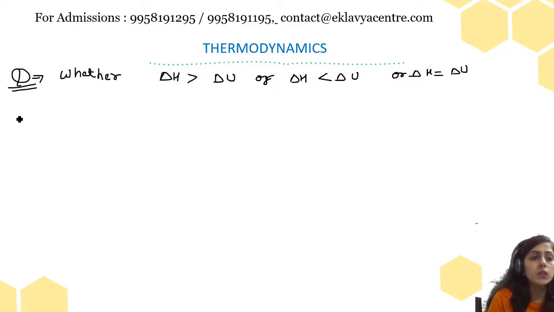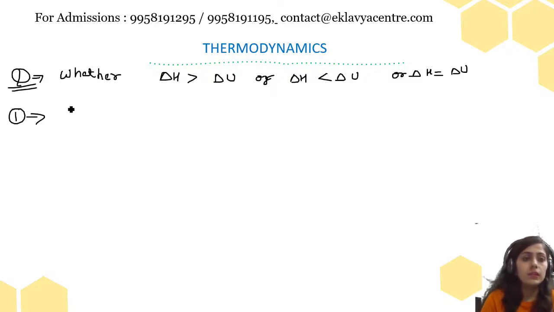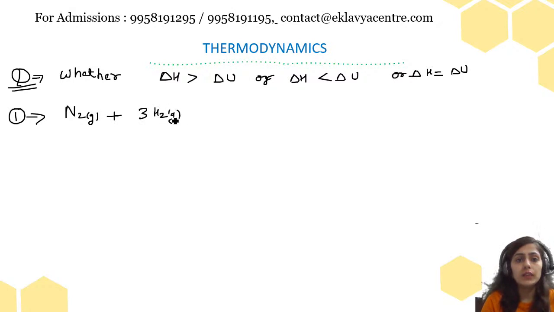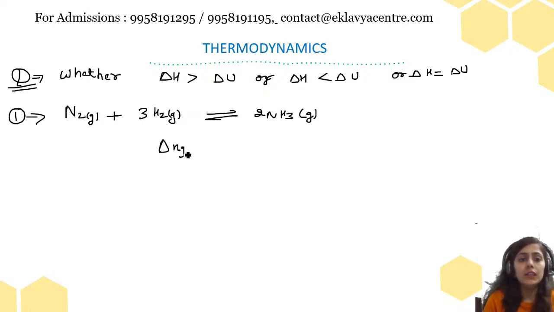So suppose we have this equation, nitrogen gas plus 3 moles of H2 gas gives us 2 moles of NH3 gas. So in this equation, find out the value of delta Ng.